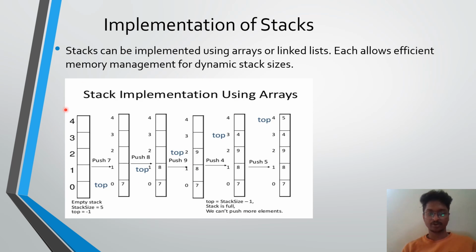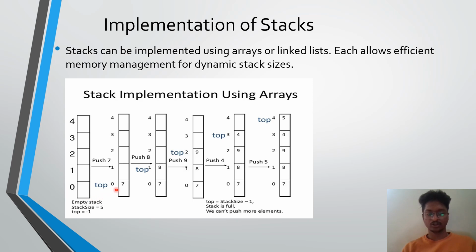Here is an example for stack implementation using array. First, the stack is completely empty. Next, we are pushing an integer 7 into the top. And one thing to remember is in stacks we can remove or insert an element only at the top.